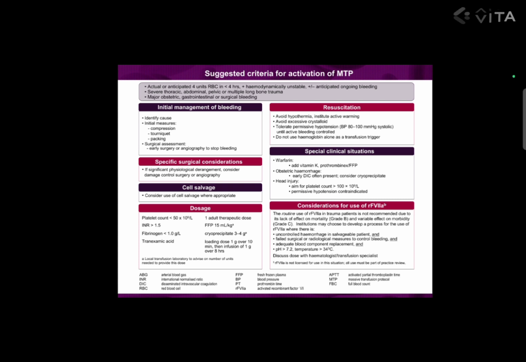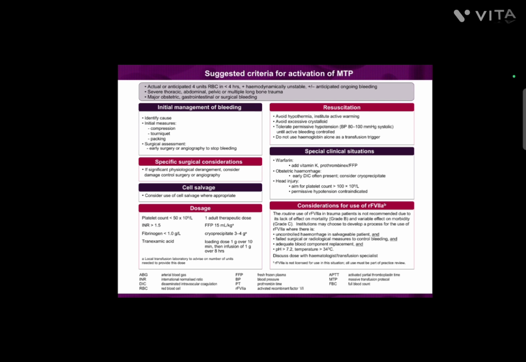At this time, if the platelet count is less than 50,000, then we should order platelet transfusions. If the INR is more than 1.5, then we have to order FFPs at 15 ml per kg.